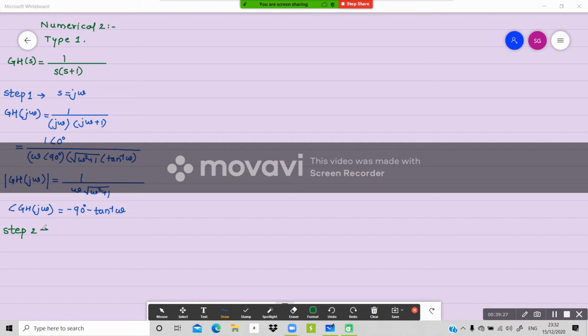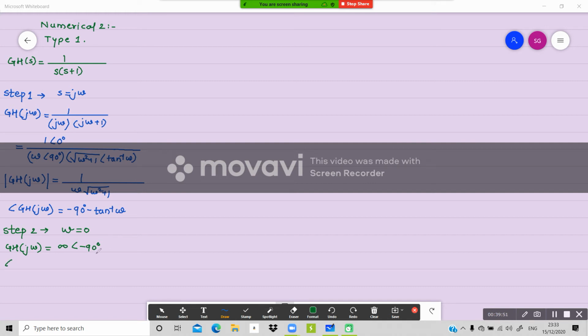Step number 2, we want to get the values when omega is equal to 0. When omega is equal to 0, your GH j omega will be equal to 1 upon 0, means infinity. The angle will be minus 90 degrees. Right?